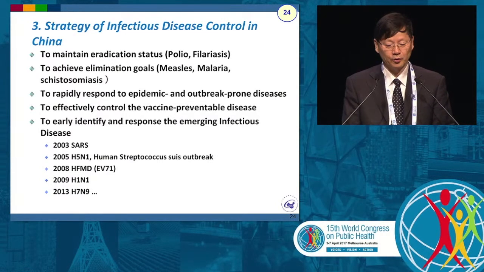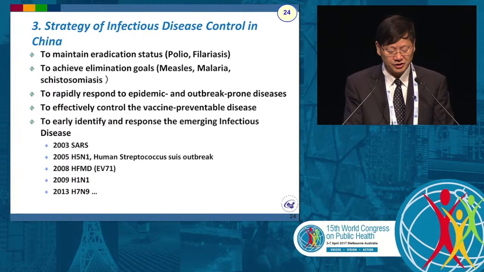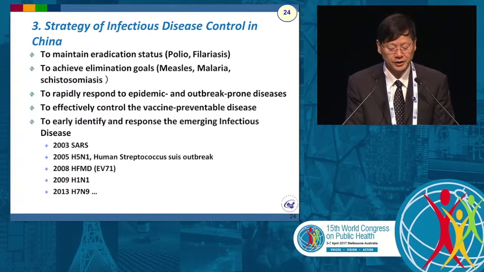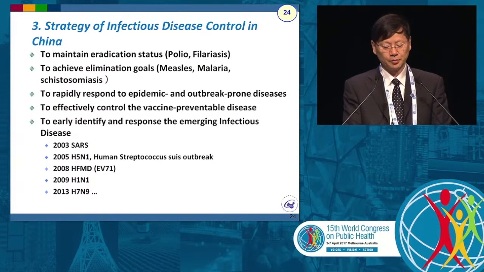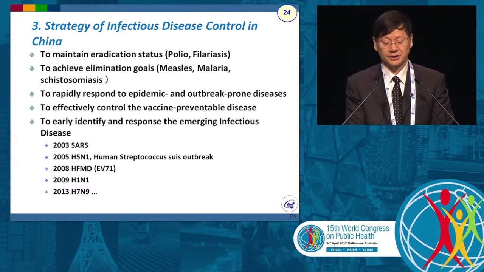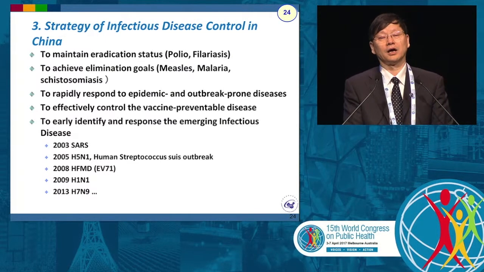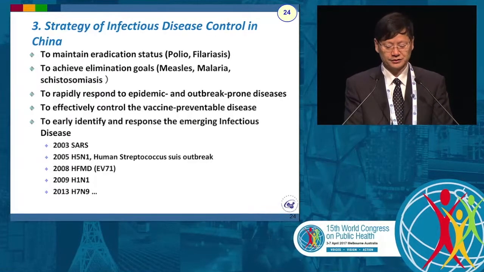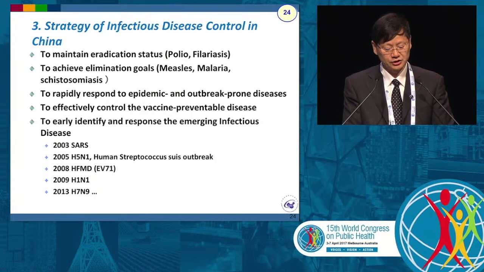In China, we take different strategies to deal with different infectious diseases. First, we take strict monitoring measures to maintain disease eradication status, such as polio and so on, and make great efforts to achieve the goal of disease elimination, including measles, malaria, and so on.